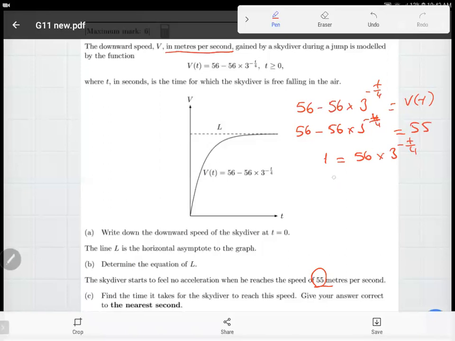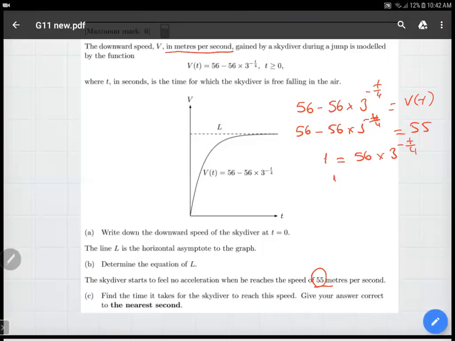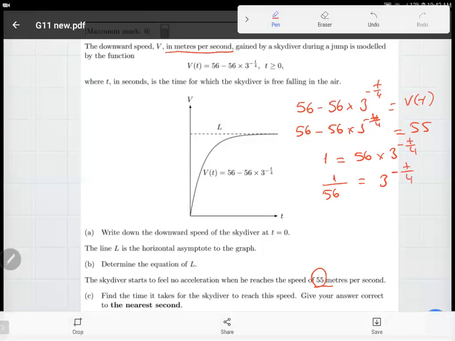If I divide both sides by 56, 1 over 56 is equal to 3 power minus t over 4. Again, it is an exponential equation, and the unknown is in the power. To get this unknown, we need to convert this to logarithmic form.